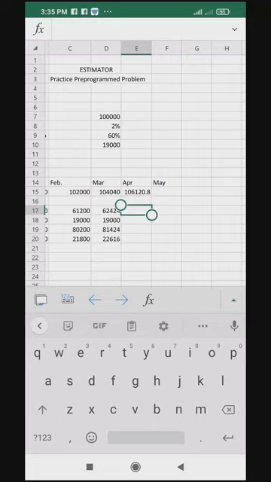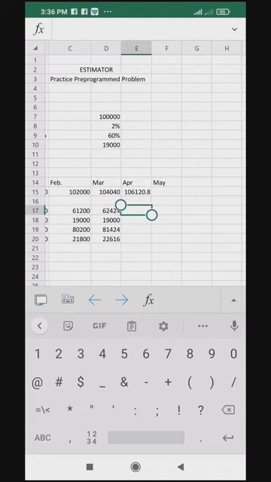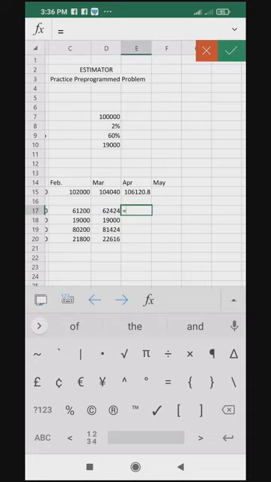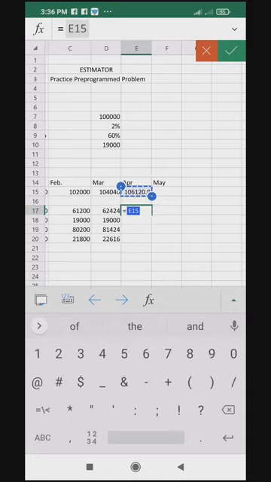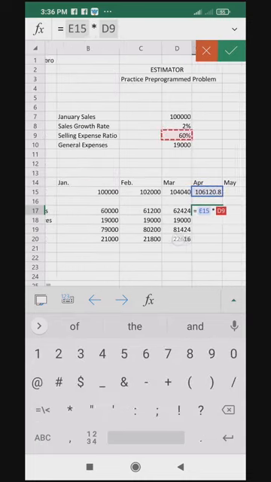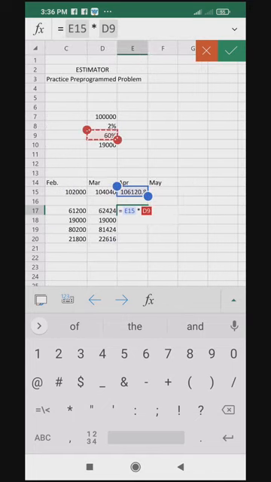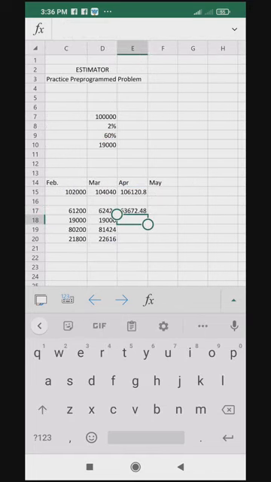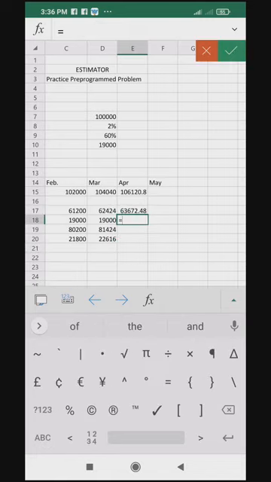The selling expenses for the month of April is equal to E15 times D9, which is the selling expense ratio, equal to 63,672.48.